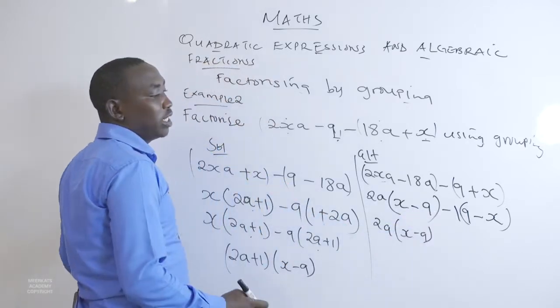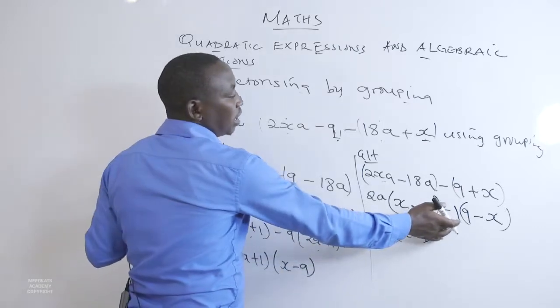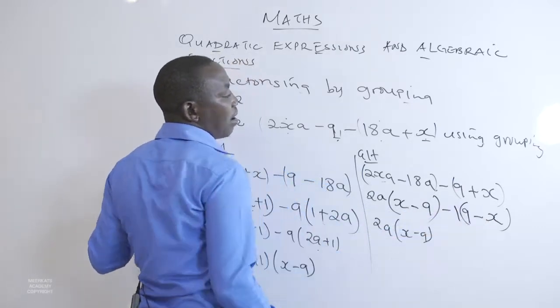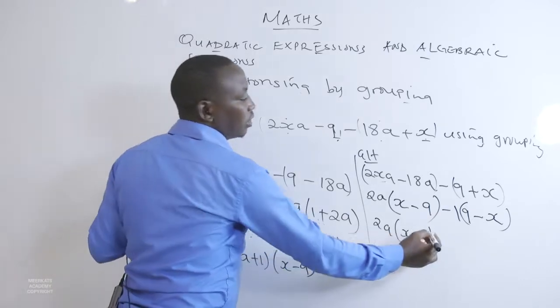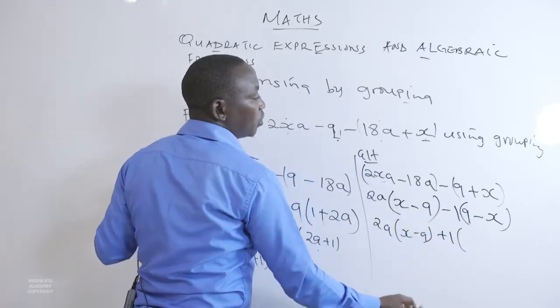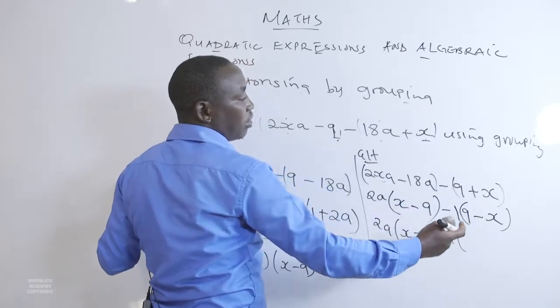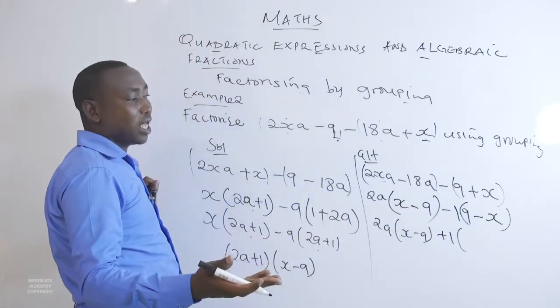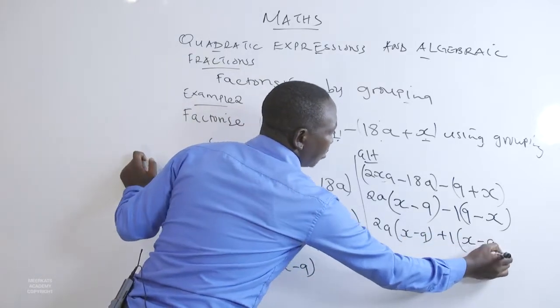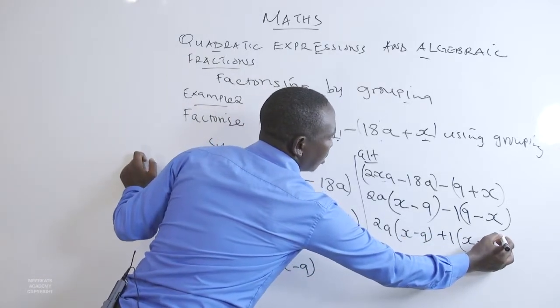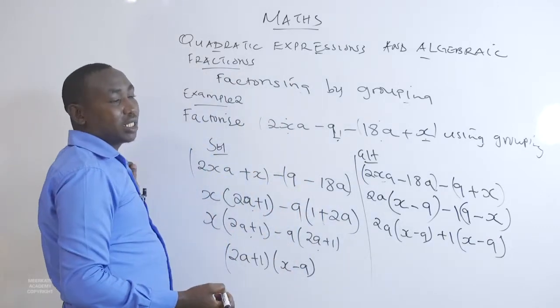Let us change this particular point so that inside the bracket we begin with a positive x. So this will be plus 1 into, we now rearrange because that will be negative 9 plus x. So when you do the swapping, this will be x subtract 9.